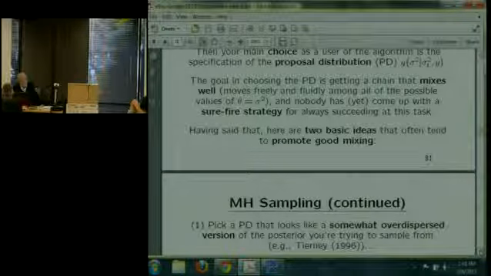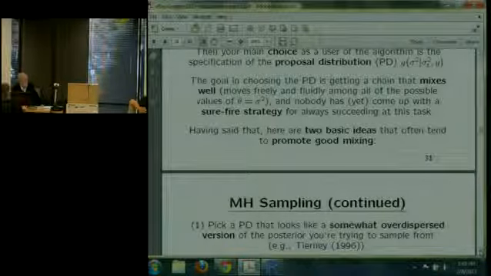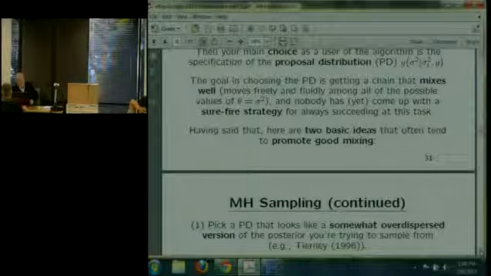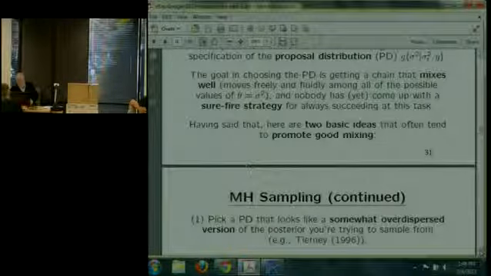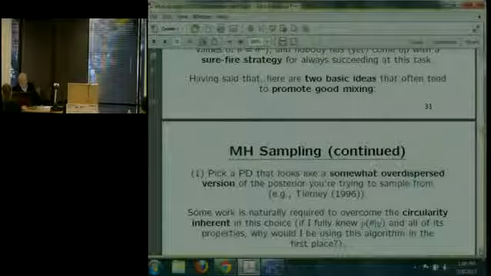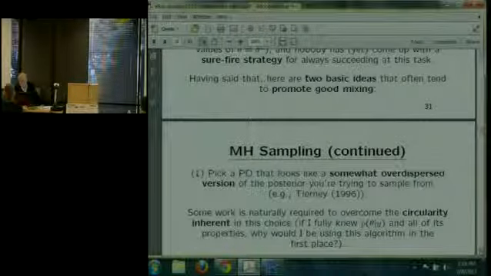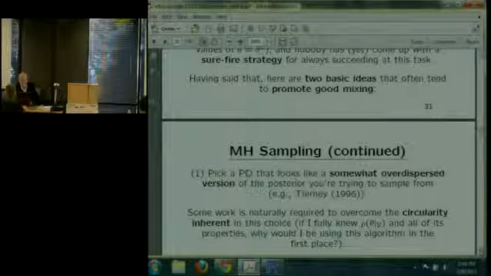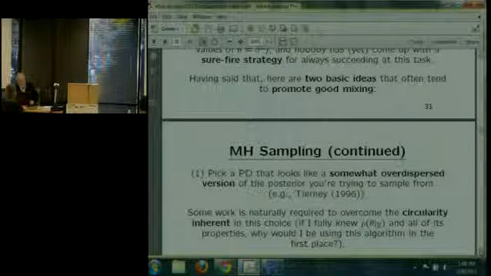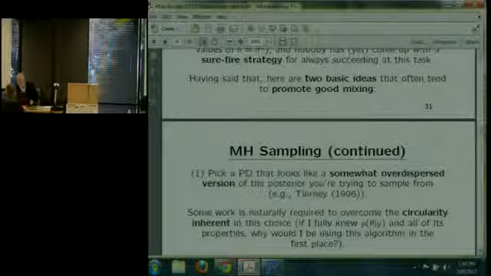So if the posterior is Gaussian, you can use a Gaussian with a bigger standard deviation as an example of a good proposal distribution, and so on. And of course, that's circular, right? Because if you knew what the posterior was, then you would already know what the posterior is, rather than having to come up with an over-dispersed version of it for the purpose of sampling from it. But that's okay. That's still actually a useful idea.